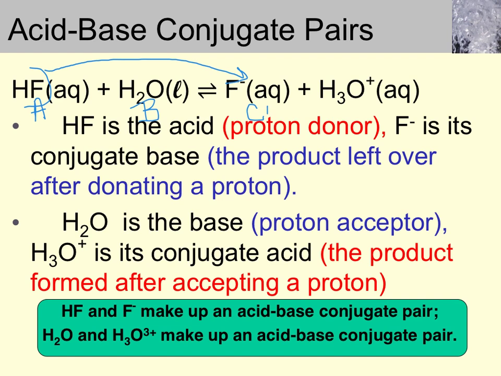That is the conjugate base. Remember, there's always an acid and a base that are a pair. That is one of the conjugate acid-base pairs. Then, after you identify the base, see what it forms after it accepts the proton, and that is the conjugate acid. Okay, and so here's the other conjugate acid-base pair.